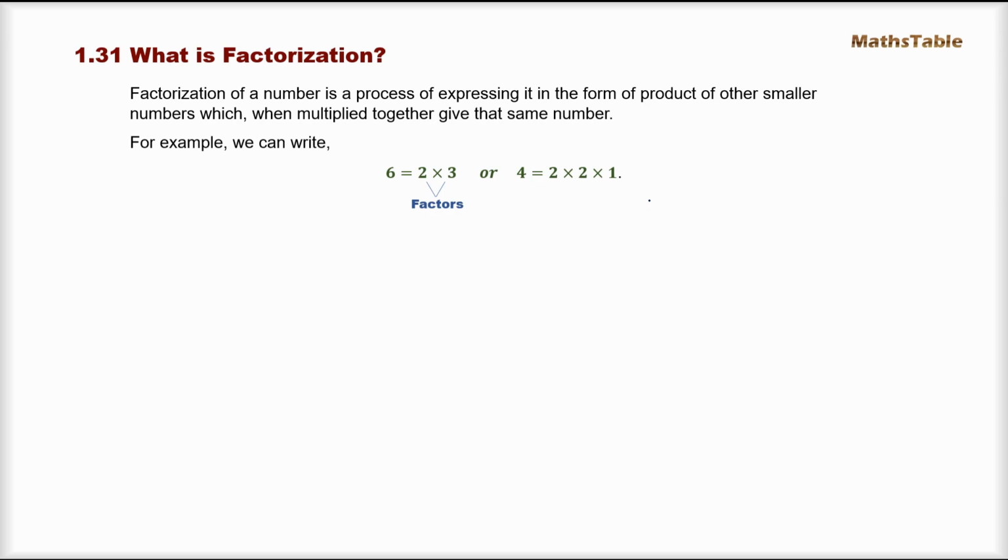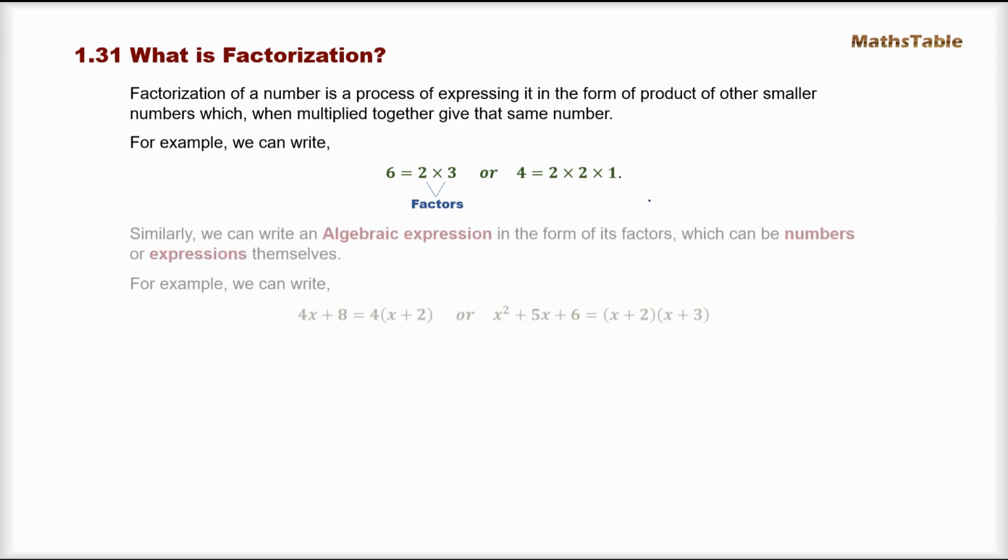Now what we need to do is extend this idea towards factorization of algebraic expressions. If we take a few algebraic expressions, for example 4x plus 8, we can see that we can express this expression in the form of a product of two things. One is the number 4 and the other is another expression, x plus 2.